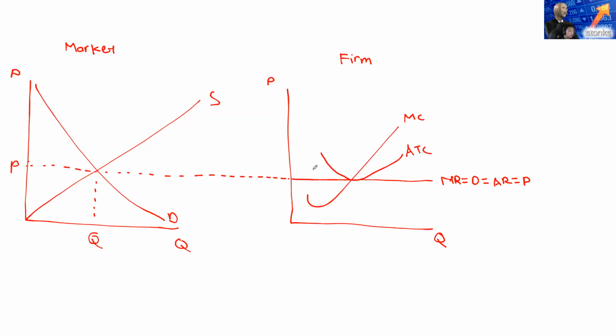And then we will draw our average variable cost. And that's all you need to draw, I think. Let me check. Yeah, that's all you need to draw. Very simple. And this will be the quantity produced, and this will be the price. Very simple.